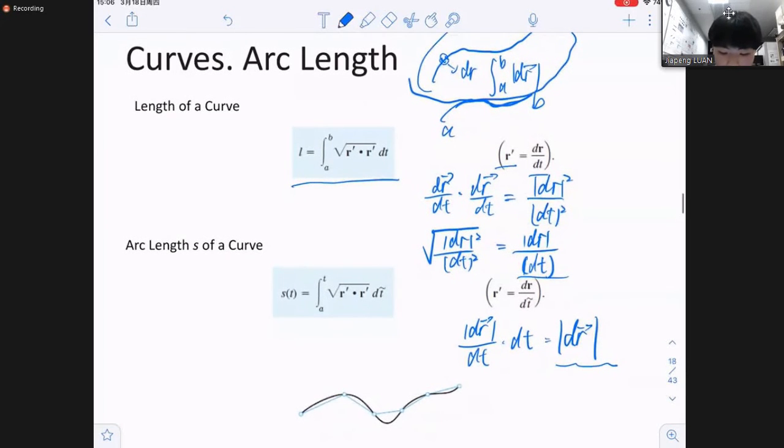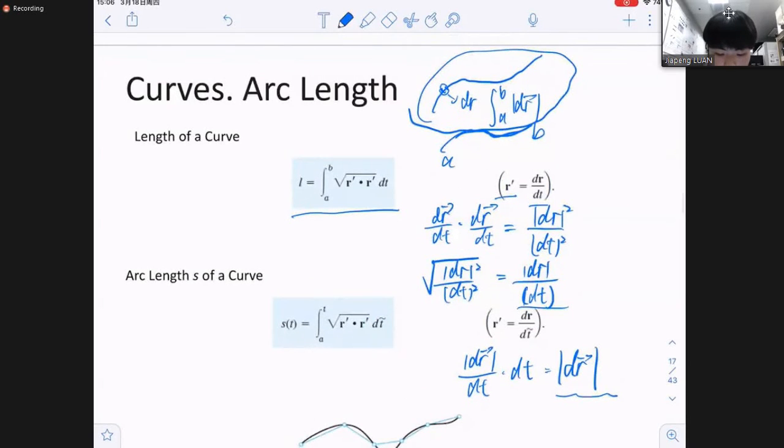But if you don't know how to derive this, that's okay. You just need to memorize this equation.